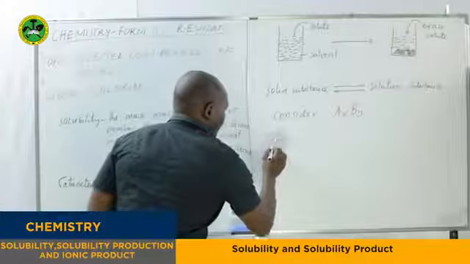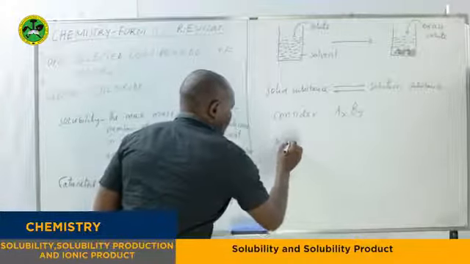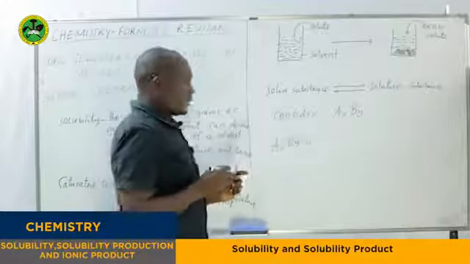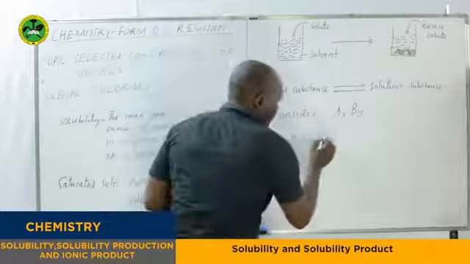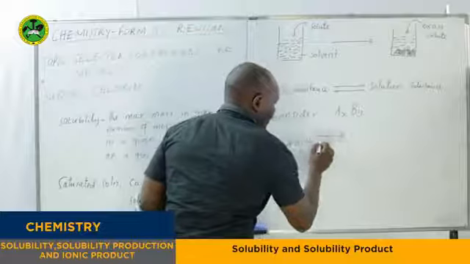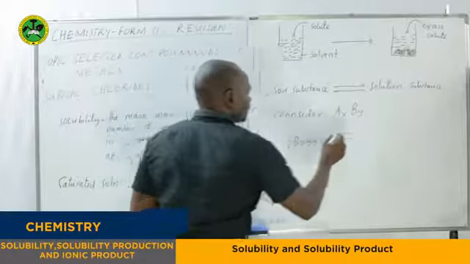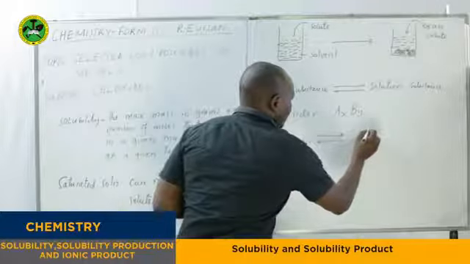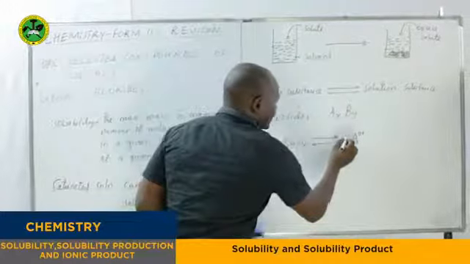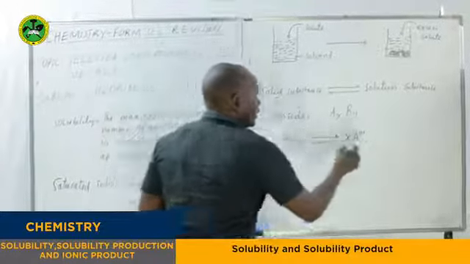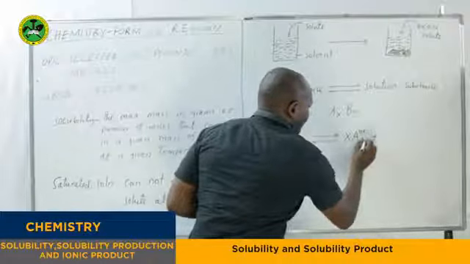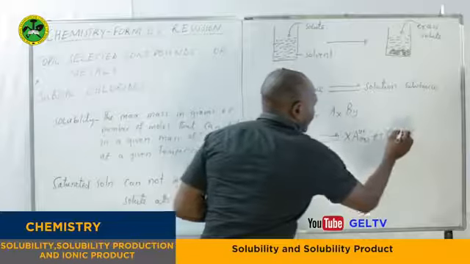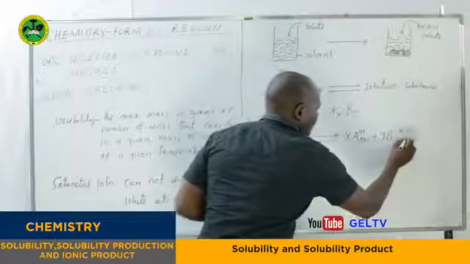So we have AxBy, which is our solid, that establishes an equilibrium with the solution, resulting in the formation of xA^y+, a cation, and yB^x-, an anion, both aqueous.